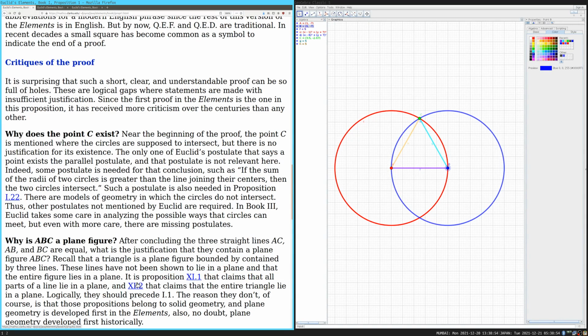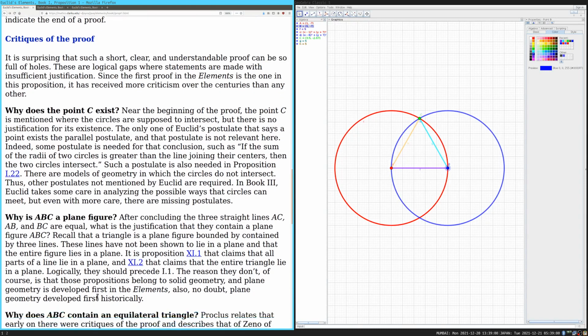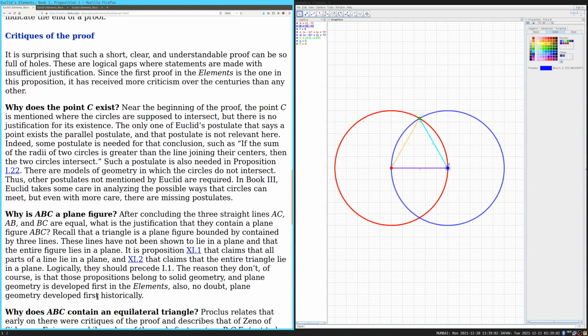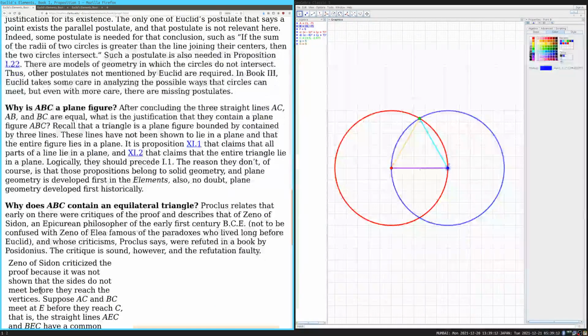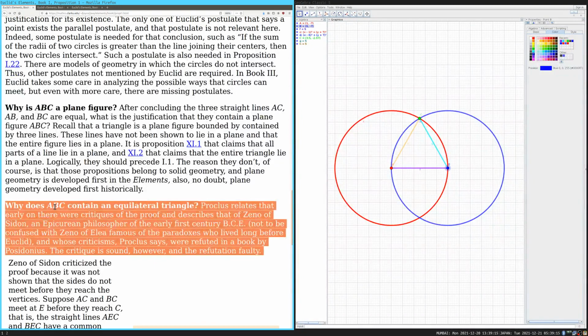So it's saying that later on he proves these things, but they should precede this, but they don't. So plane geometry, that's interesting. Okay. So we start with planar geometry, and then later on we show that... Okay, that's interesting. Why does ABC contain an equilateral triangle?